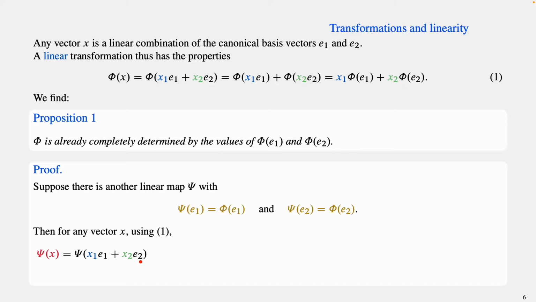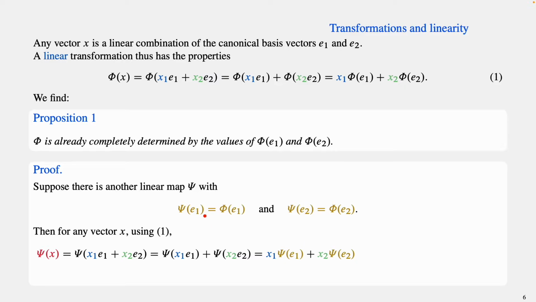And now I use the fact that psi is also a linear map, so just like I did up here for phi, I can take apart the sum first, psi of x1 times e1 plus psi of x2 times e2, and then I can take out the scalars. So this is equal to x1 times psi of e1 plus x2 times psi of e2.